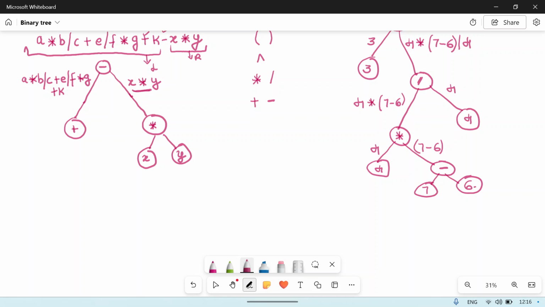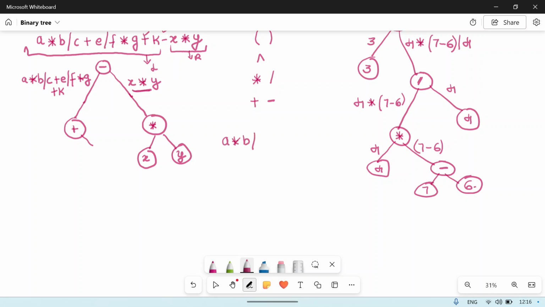Wait. See here, I have minus, then X star Y. So I will have something like this. Then next one I will have is plus. Correct? It is a little confusing, so let me write it over here.